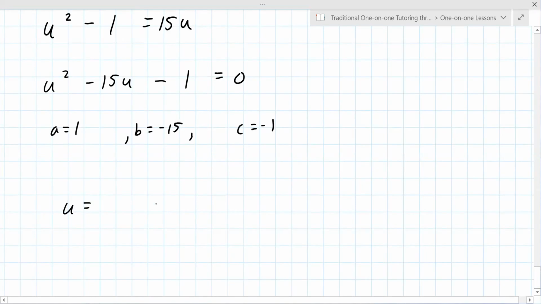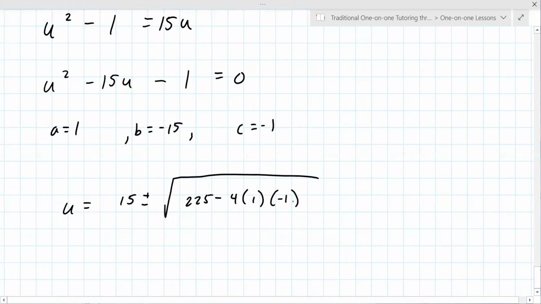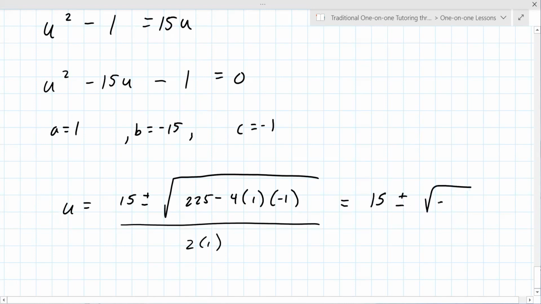So u equals 15 plus or minus the square root of b squared, that's 225, minus 4 times a times c, all over 2 times a. So this becomes 15 plus or minus the square root of 229, which I think is a prime number, but that's not our final answer, unfortunately.